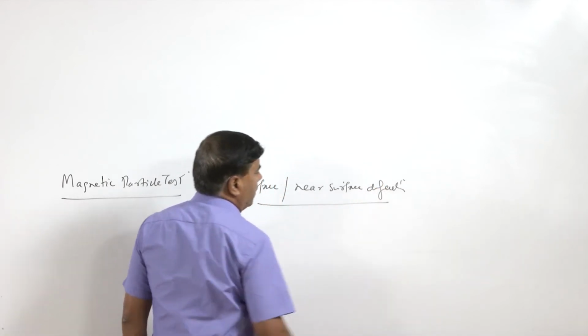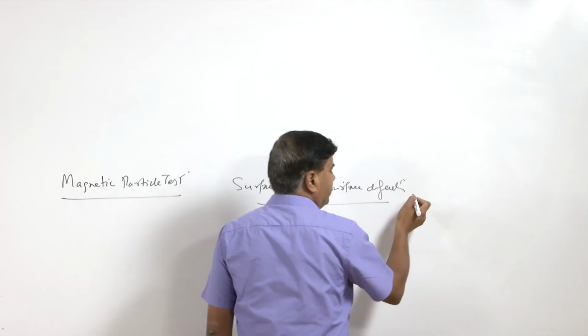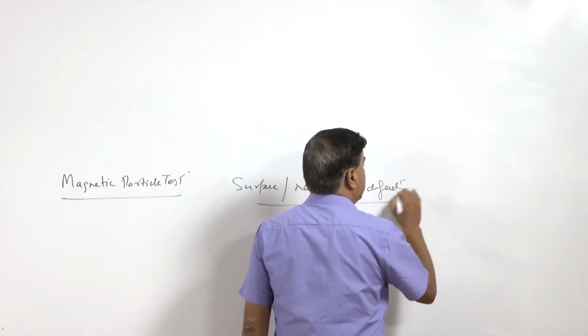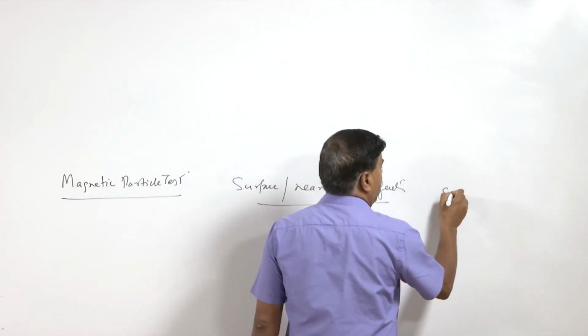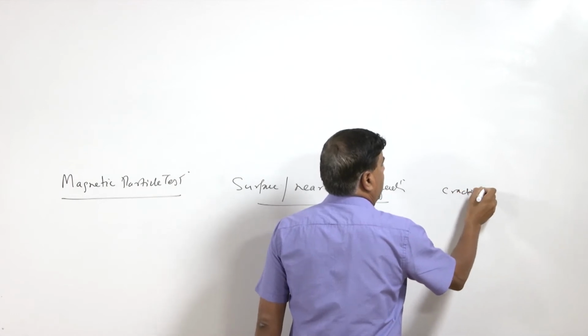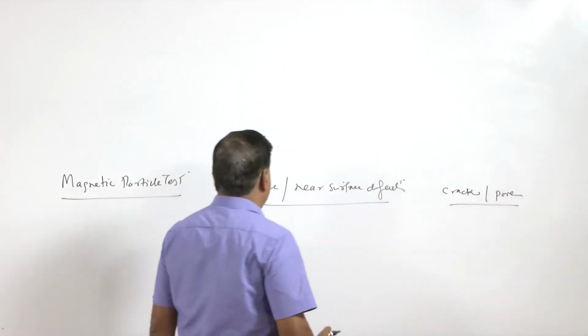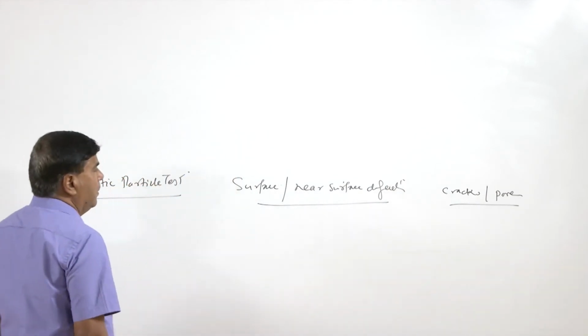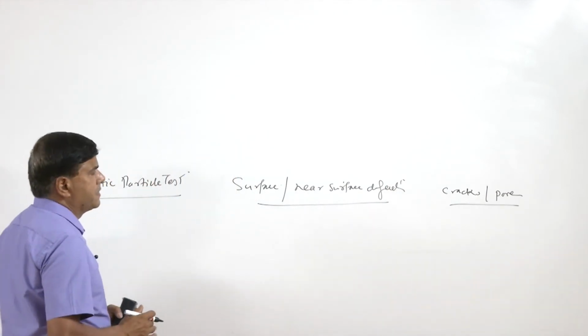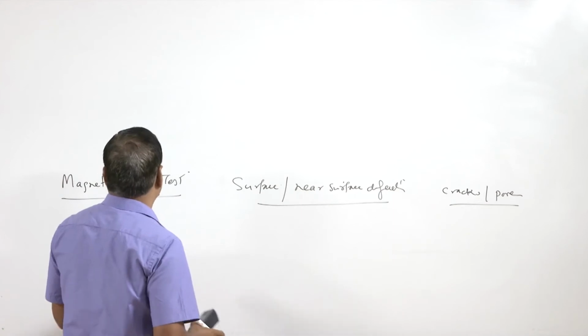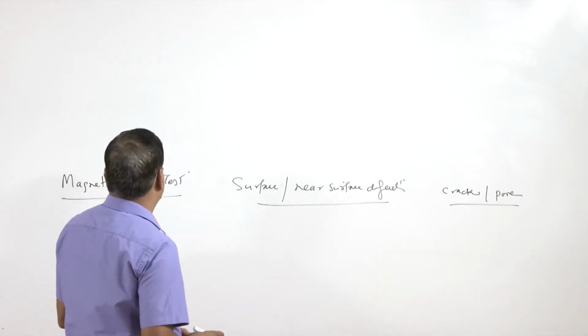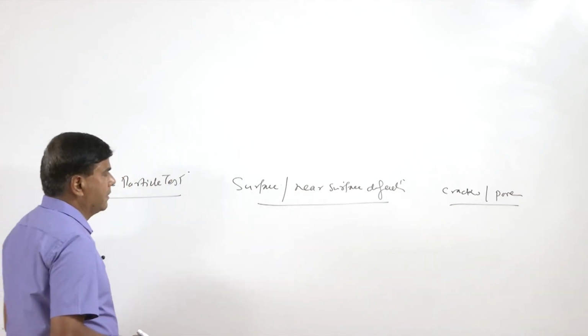Mostly these may be in the form of cracks or pores, etc. But the deep surface defects cannot be established and identified through the magnetic particle test.